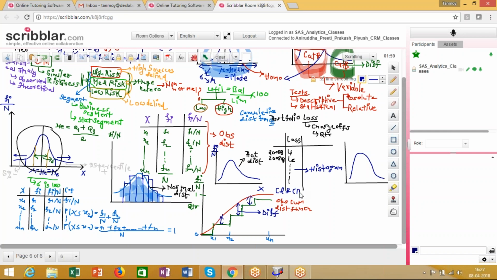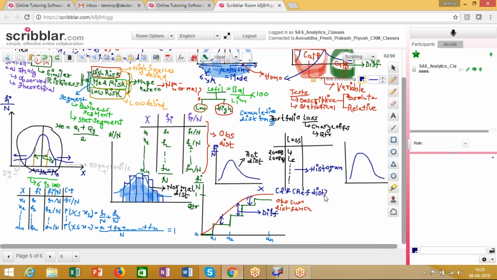When I talk about reference distribution, what I essentially mean is this: if you want to test whether this CDF is very close to the CDF of the normal distribution, then we say that is the reference distribution. So if I want to find out whether it is significantly different from a normal distribution, then the CDF of the reference distribution should be the CDF of the normal distribution.